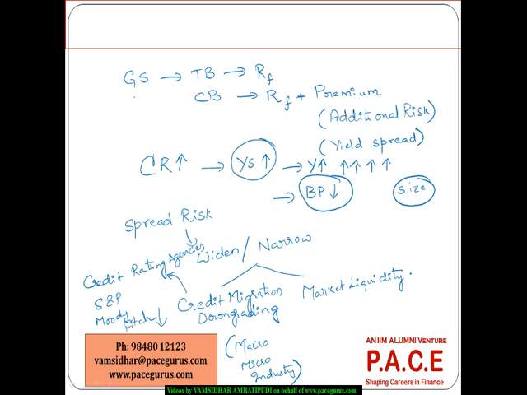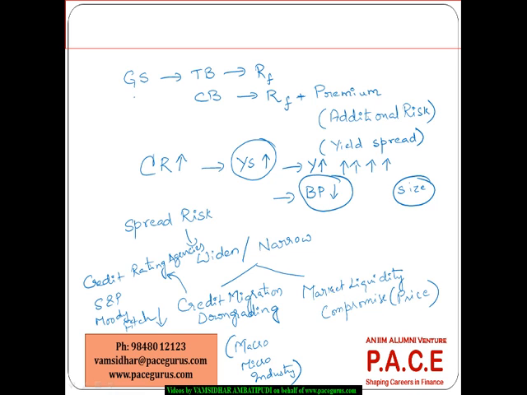The cash is getting more and more squeezed, and because of that I'm not able to sell the asset at the market price. If I have to sell off the asset, I have to compromise on the price. This is what we call market liquidity.